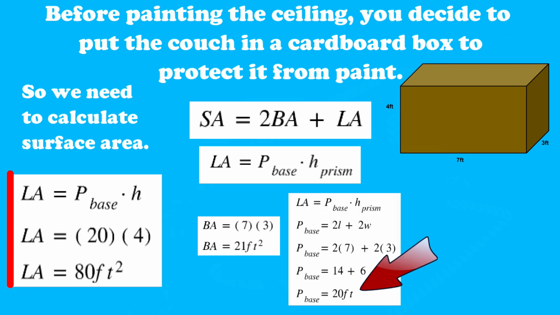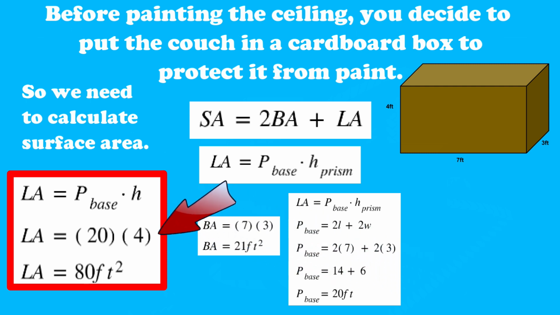Let's put that off to the side and now go back to our lateral area formula. The perimeter of the base we found was 20 feet. The height of the prism is 4 feet. 20 times 4 is 80 square feet.